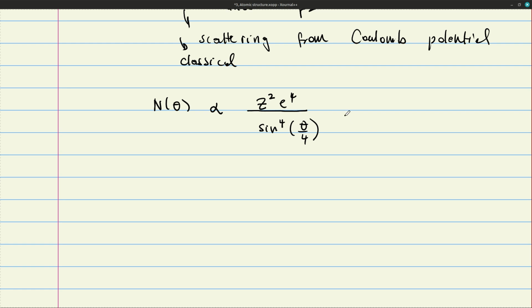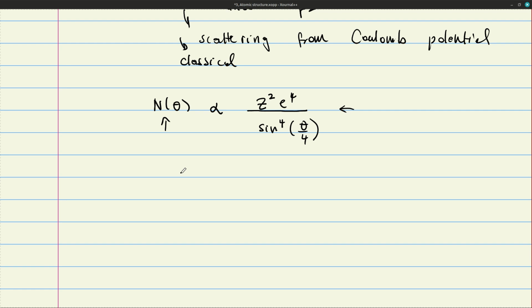So this one is just the calculation of the scattering cross-section from a Coulomb potential. If you haven't done that, it's a bit of a technical calculation, but your textbook has it. I think at some point in classical physics, they are supposed to show you how to set up a scattering problem and how to calculate the so-called scattering cross-section. That's what this quantity is, but for now it's not important.